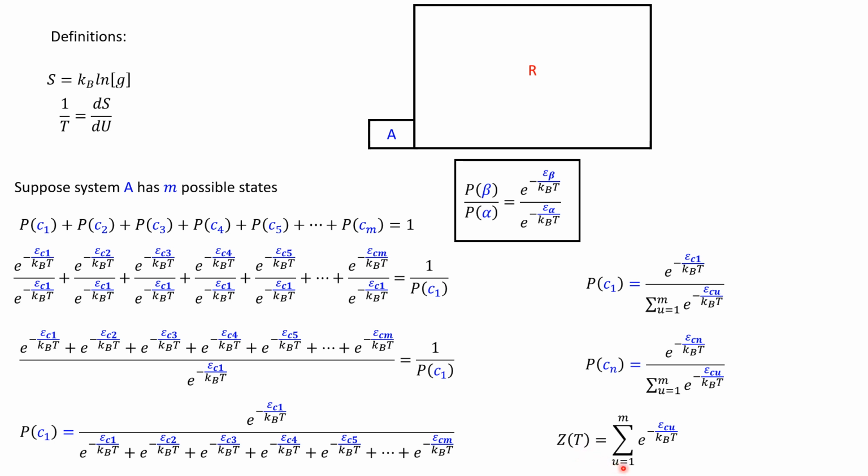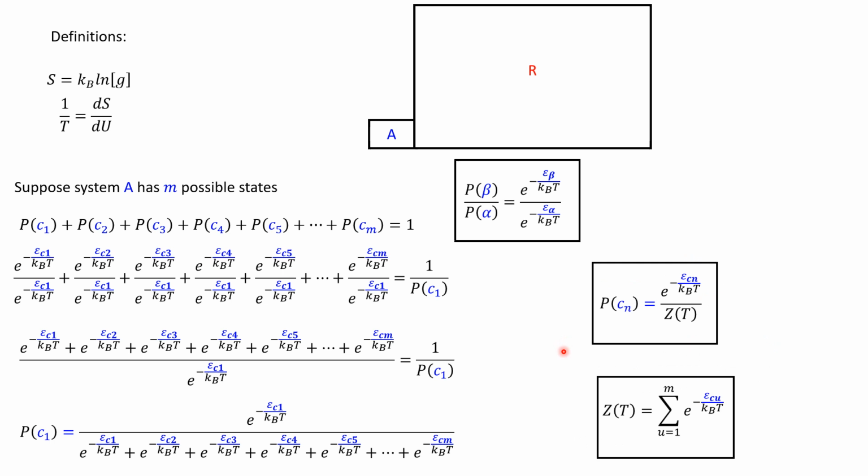Notice that this is a sum carried over all states of system A. So using the definition of partition function, we obtain this expression for the probability of finding system A in a state Cn when system A is in thermal equilibrium with a reservoir at temperature T. So that's it. This is the main result we wanted to derive in this lecture.